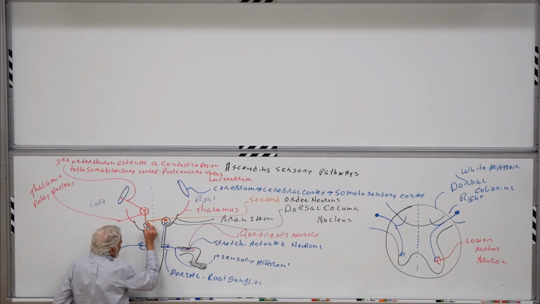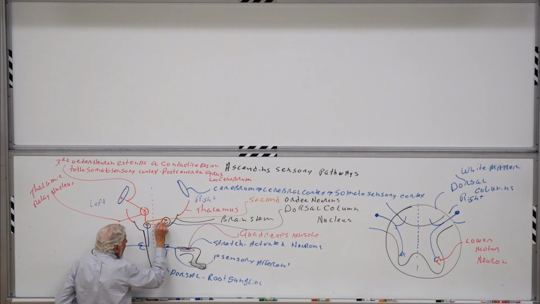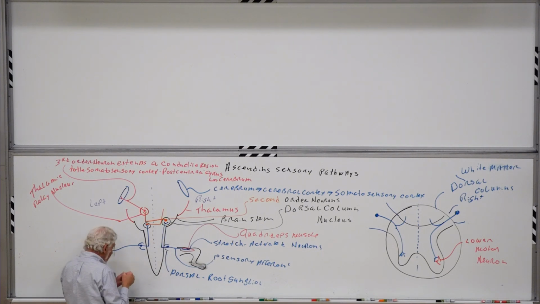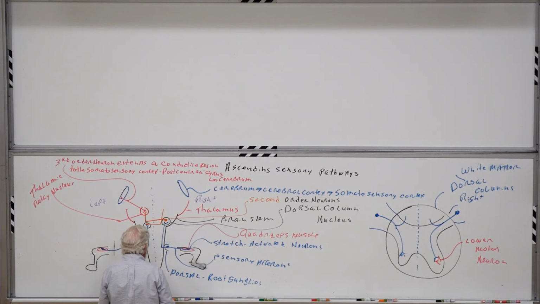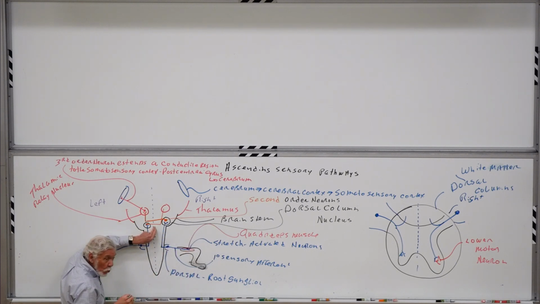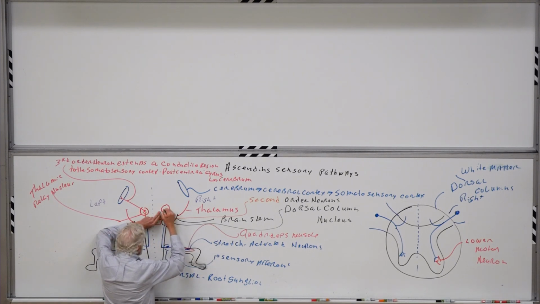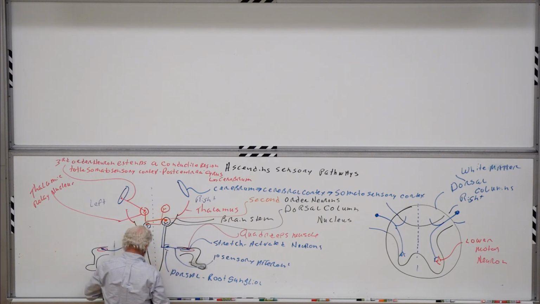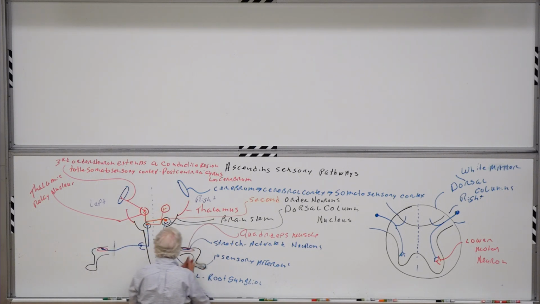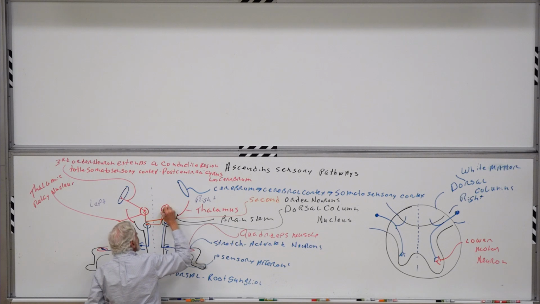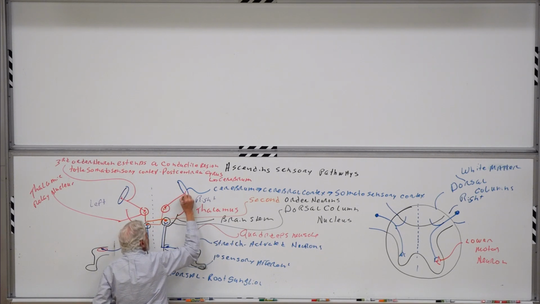The second order neuron crosses over the midline and ascends on the opposite side to the thalamic relay nucleus. In the thalamic relay nucleus, the second order neuron synapses onto a third order neuron, and the third order neuron sends a process to the somatosensory cortex.